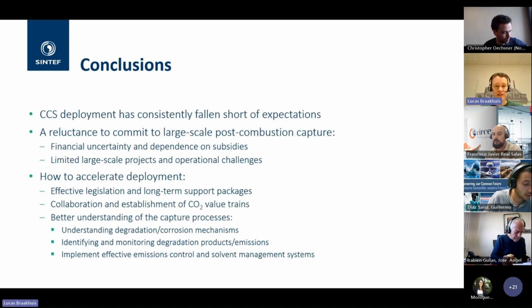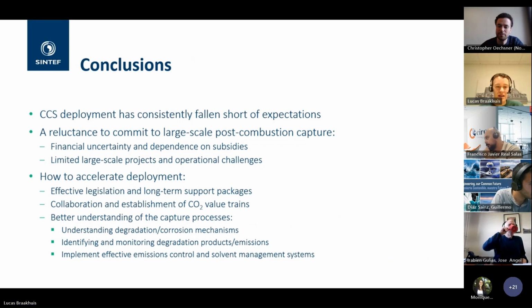So to conclude, some people say that CCS deployment has consistently fallen short of expectations. I think a main reason for that was a reluctance to commit to large-scale post-combustion capture pilots and plants. As I said, there's financial uncertainty, but also limited operational experience.